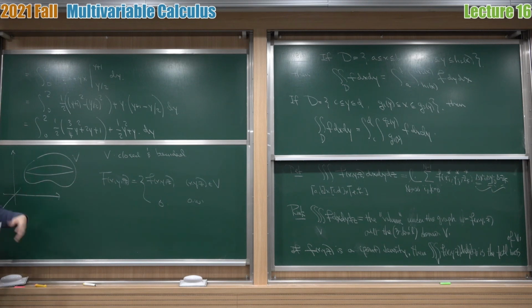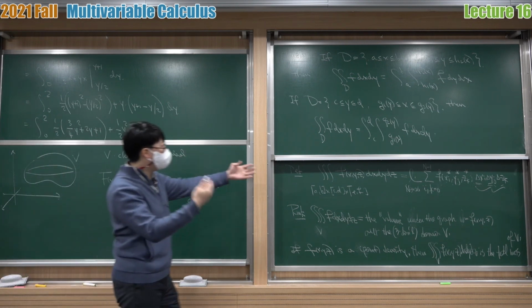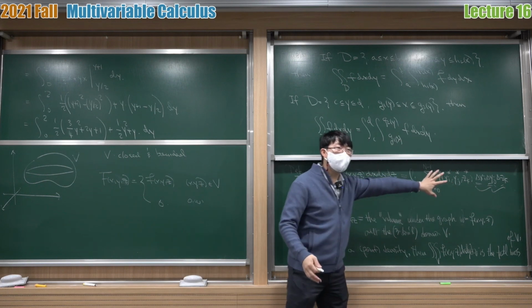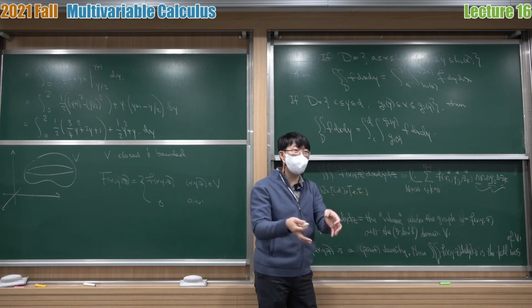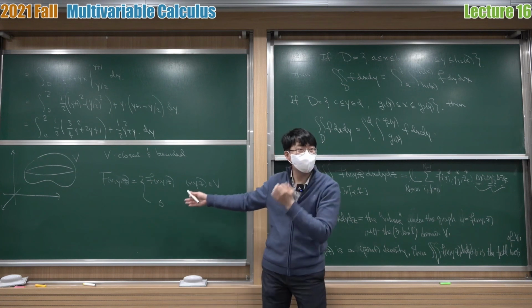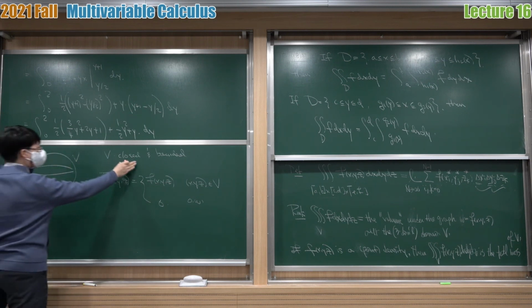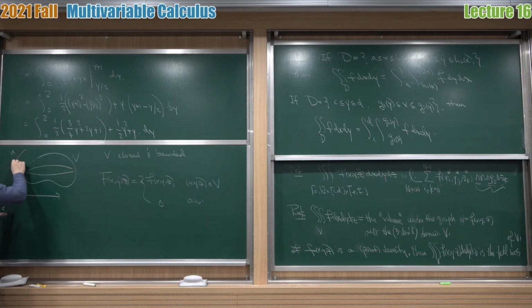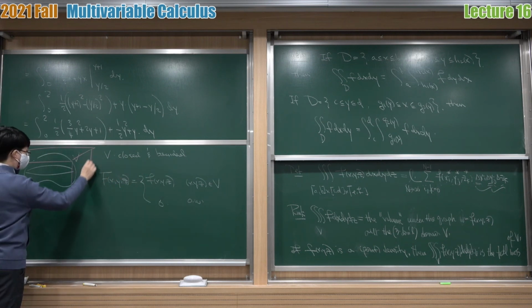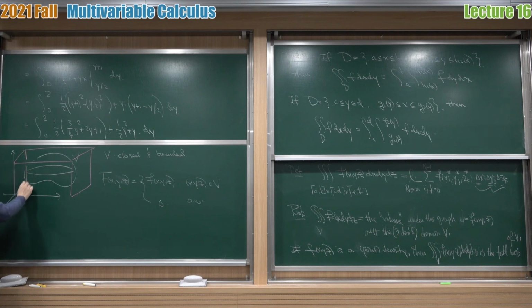So I keep saying that I want to define the triple integral over a non-rectangular domain. Over the rectangular domain, it is defined. How do you define it for the non-rectangular domain here? Well, simply find the cube that contains it. You find a larger cube, because V is closed and bounded, so you can always find a cube that contains V. This cube has an x range, y range, and z range.